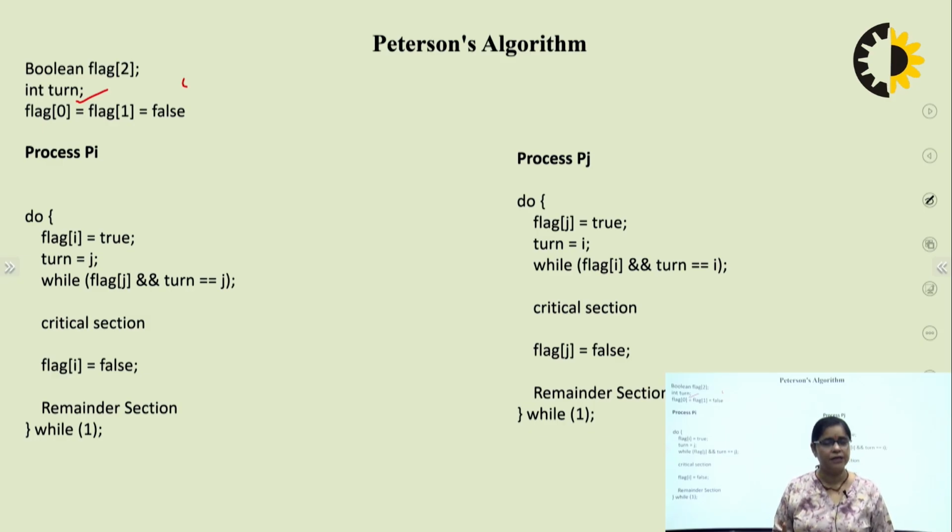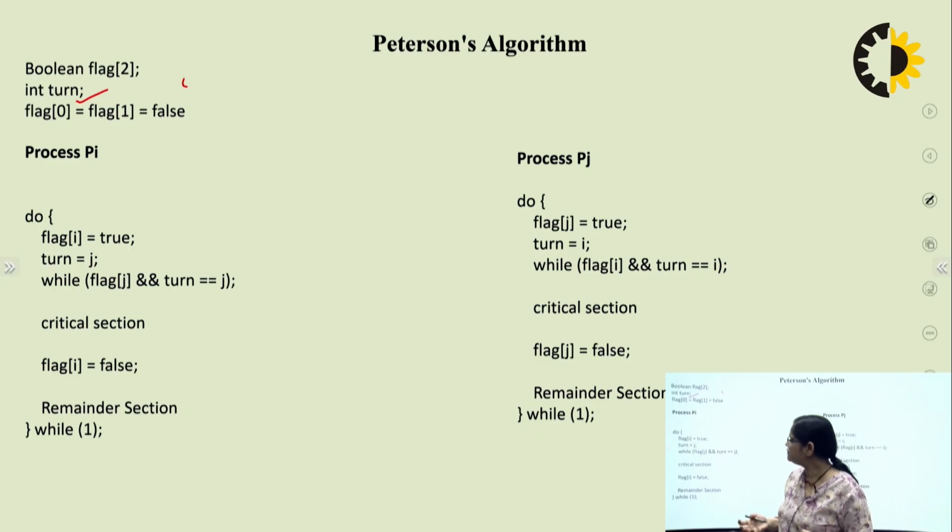Here you have to understand that both processes want to access at the same time, they want to enter into the critical section at the same time, and for that we are applying the Peterson algorithm to find the software solution for the critical section problem.